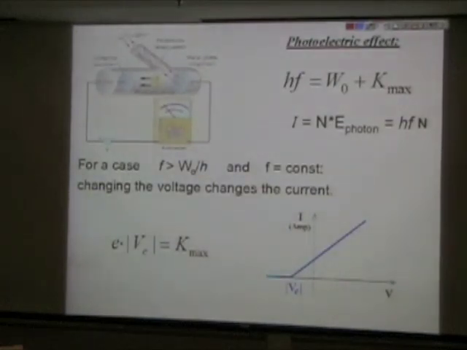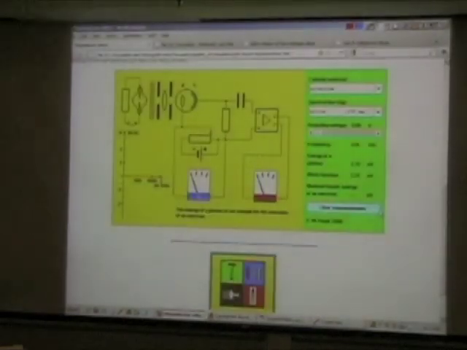Now, this is one of the standard setups for this kind of experiment.